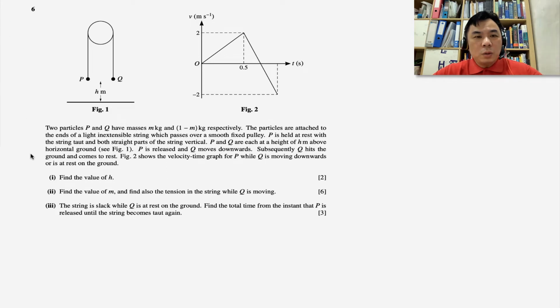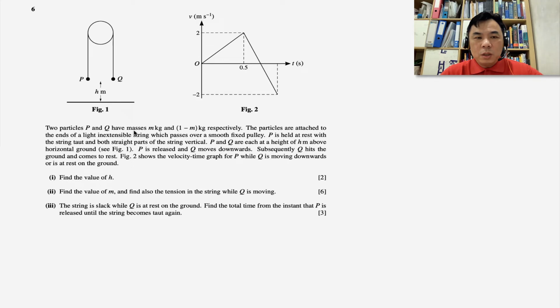We are looking at a pulley system, and the way the pulley system behaves is also depicted by the graph at the side here. This graph basically shows us the motion of one of the particles. So let's read through. We have two particles P and Q with masses m kg and 1 minus m kg respectively.